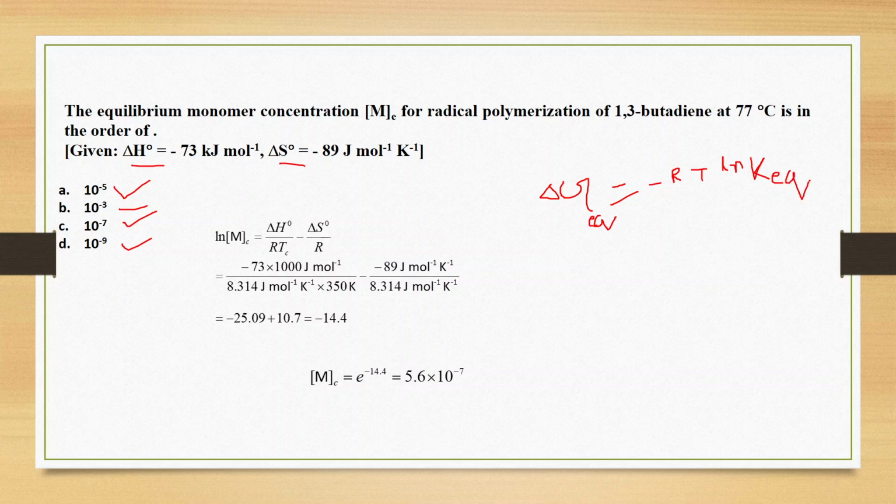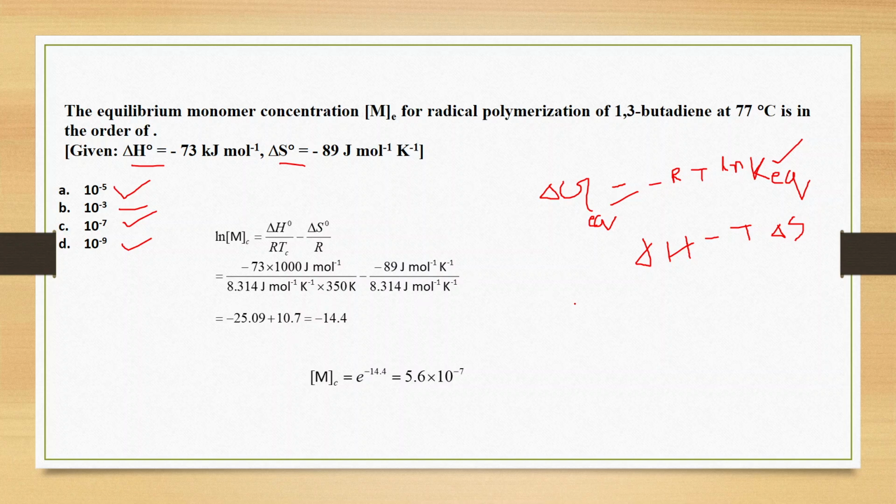Now you also know that delta G is equal to delta H minus T delta S. You have your delta H value, delta S value, and the temperature given, so you can get the value for the equilibrium constant.